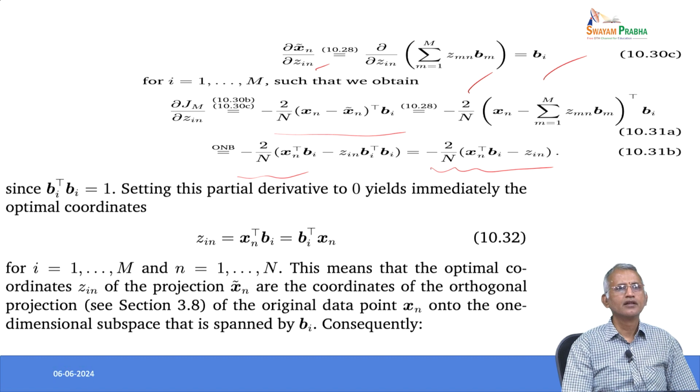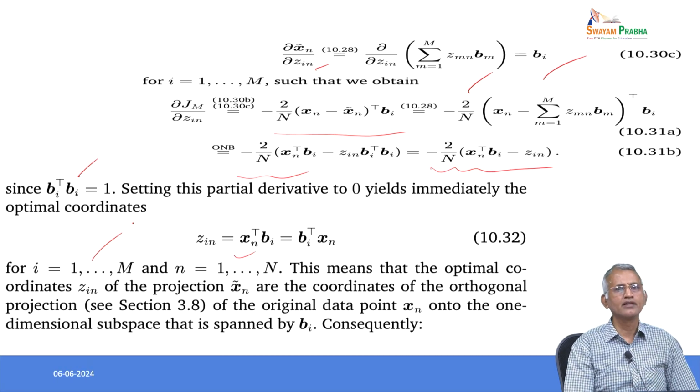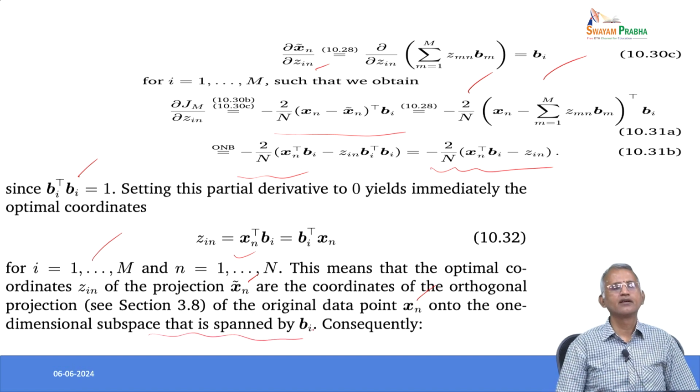Since bi transpose bi is 1, setting the partial derivative to zero yields the optimal coordinates zin equal to xn transpose bi equal to bi transpose xn, where i varies from 1 to M and n equal to 1 to N. This means that the optimal coordinate zin of the projection xn bar is the coordinate of the orthogonal projection of the original data point xn onto the one dimensional subspace spanned by bi.